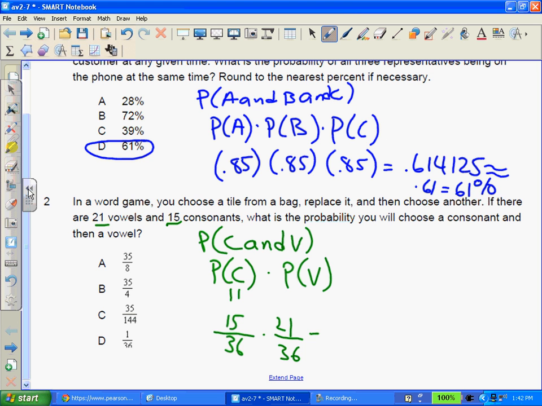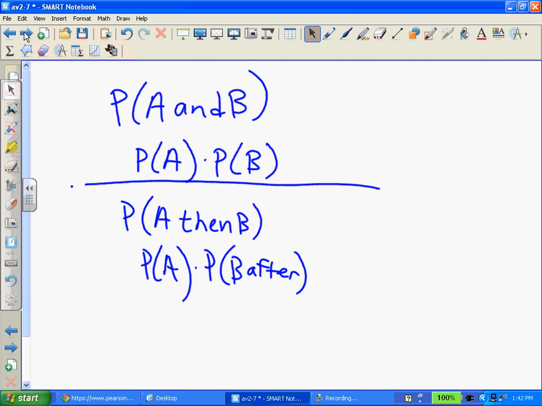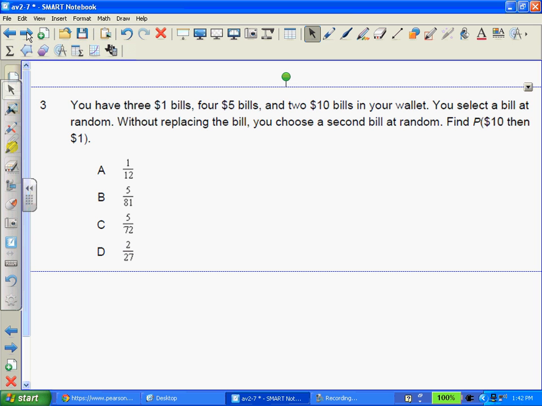When we multiply those together and simplify, we get 35 over 144, which is C. Okay. Now the next question involves dependent probability, and we'll see how that works.